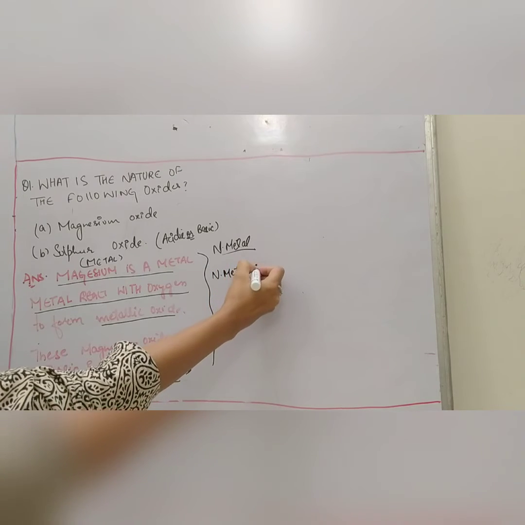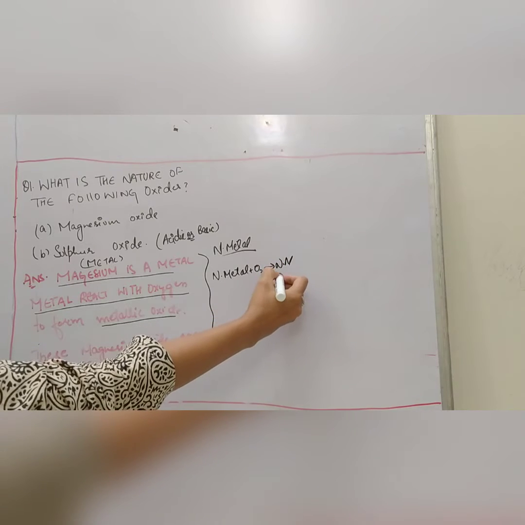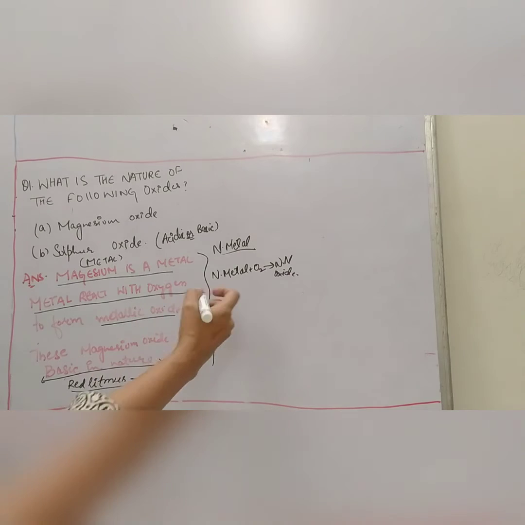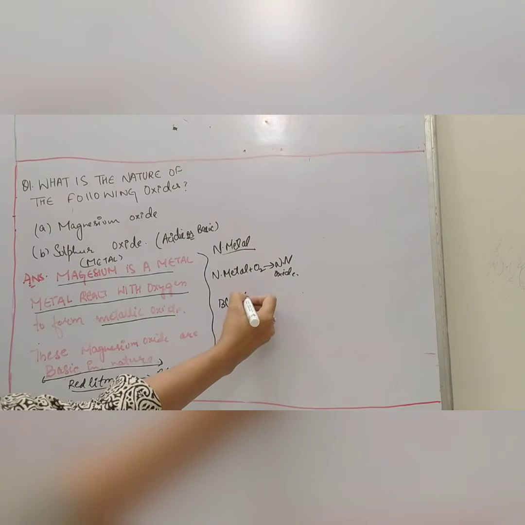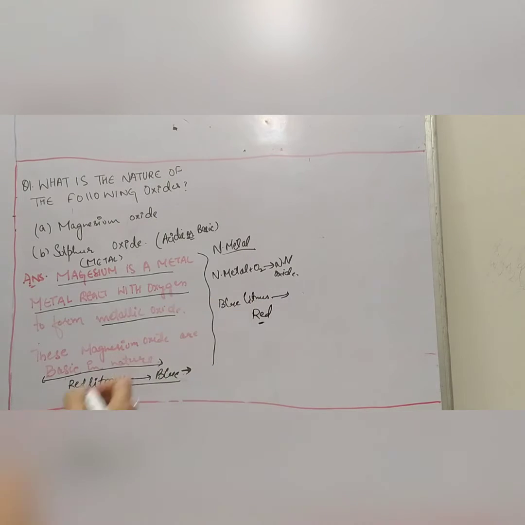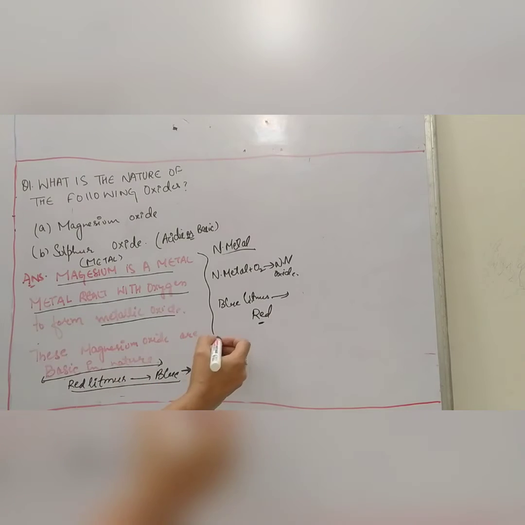When you react it with oxygen it will form non-metallic oxide. Now we have to check the nature of this oxide. If your blue litmus turns to red, then you can say that your non-metallic oxide is acidic in nature.